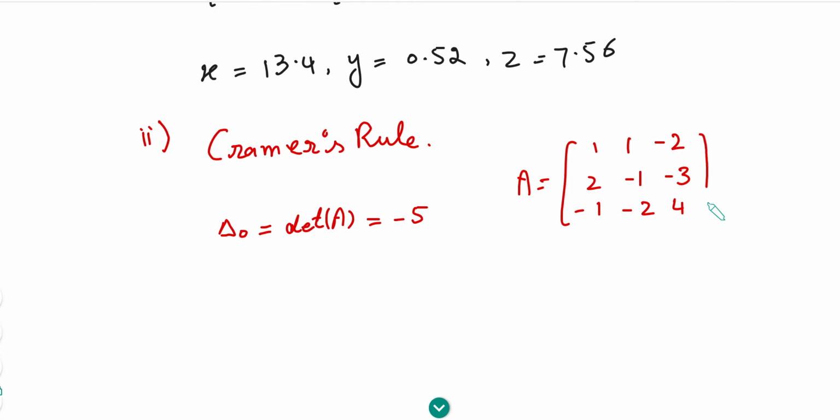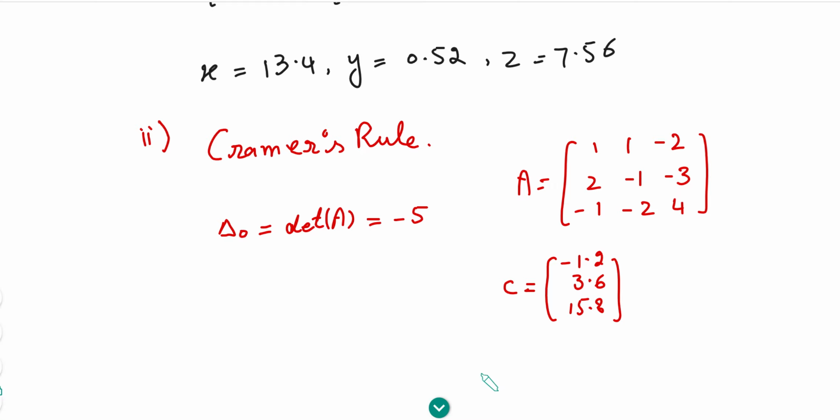Okay, then the C matrix is equal to -1.2, 3.6 and 15.8. So this is our C.